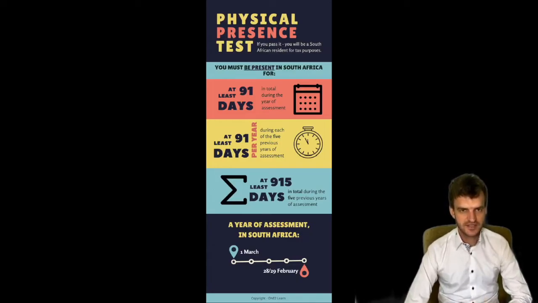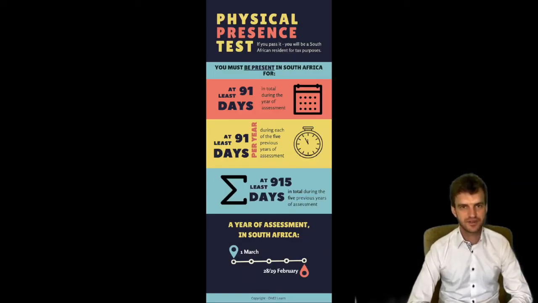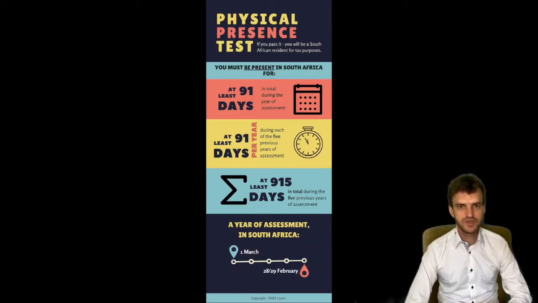To satisfy the test, you must be present for at least 91 days in the relevant year of assessment, and you must have been present in South Africa for at least 91 days in each of the previous 5 years of assessment. And over that 5-year period, you must have been in South Africa for a total of at least 915 days. So that's quite a mechanical, simple process. It's a yes or a no answer.